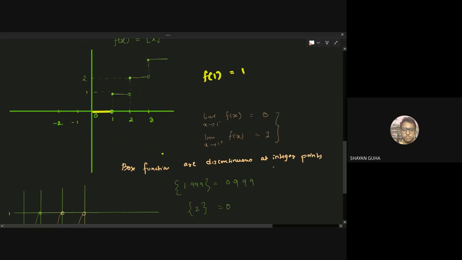Let's see what kind of discontinuity this is. It's a jump discontinuity. It's making a jump every time, because according to the definition, the functional value, if I take f of 1, will be 1. So it's making a jump. So this is called jump discontinuity.